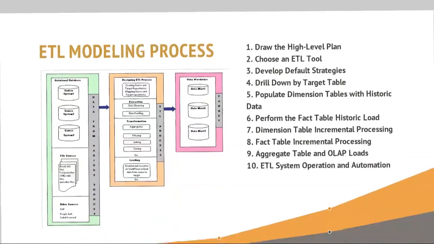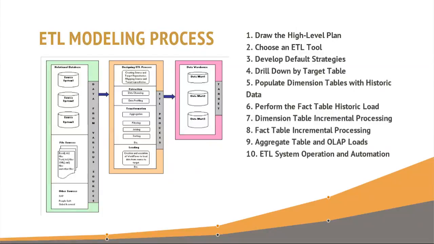This next slide is where we'll spend a bulk of our time. This is the ETL modeling process as described by Kimball in 10 steps. Over to the left, we have an overview of the entire ETL process where the source systems lie in green, how the information is extracted using the ETL process in orange, and then loaded into the data warehouses or data marts in pink.